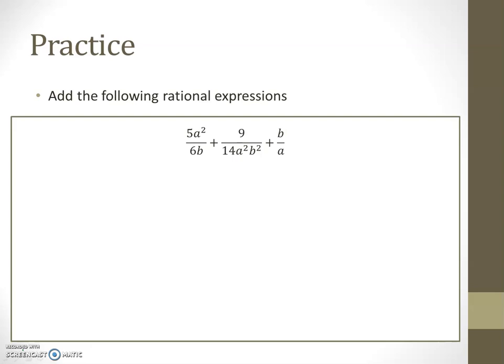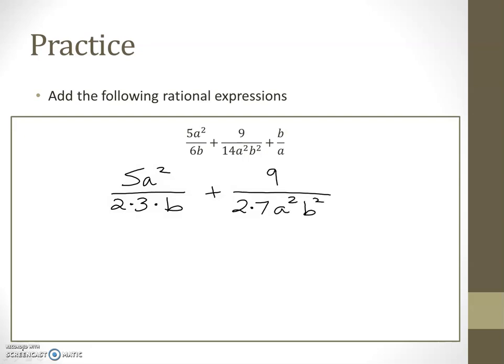Okay, now we're trying to get all these to have the exact same denominator. So when I work this out, 5a squared, 6, that's really the same as 2 times 3, and then I have a b. Okay, plus 9 over 14 is really just 2 times 7, and then I've got a times a, which is a squared, b times b, which is b squared, plus b over a.